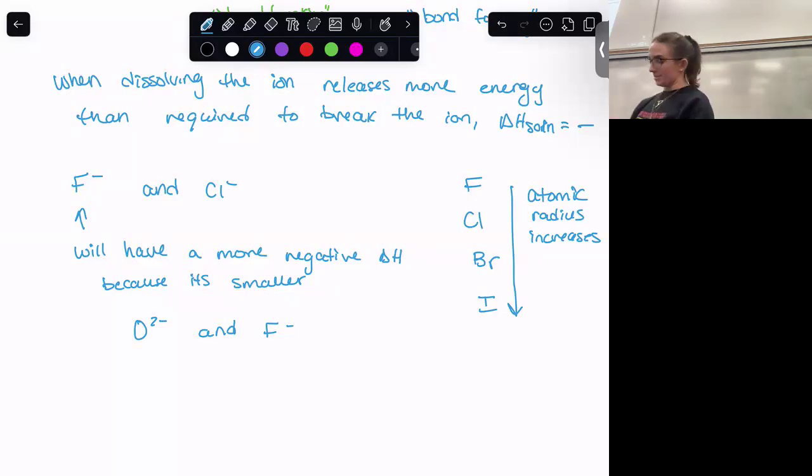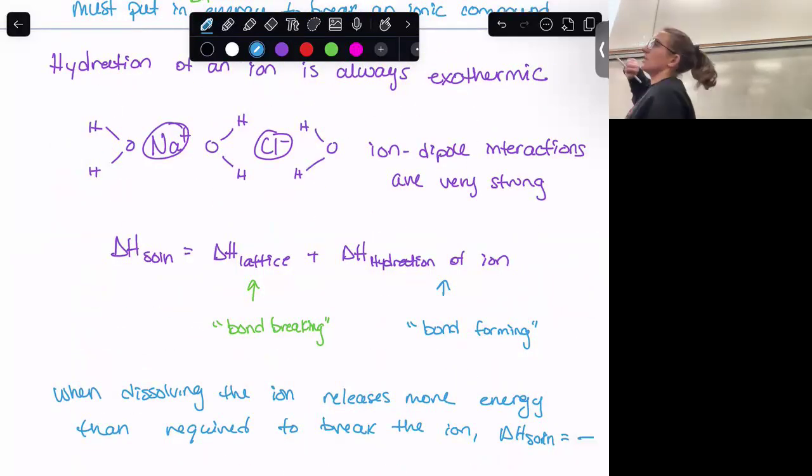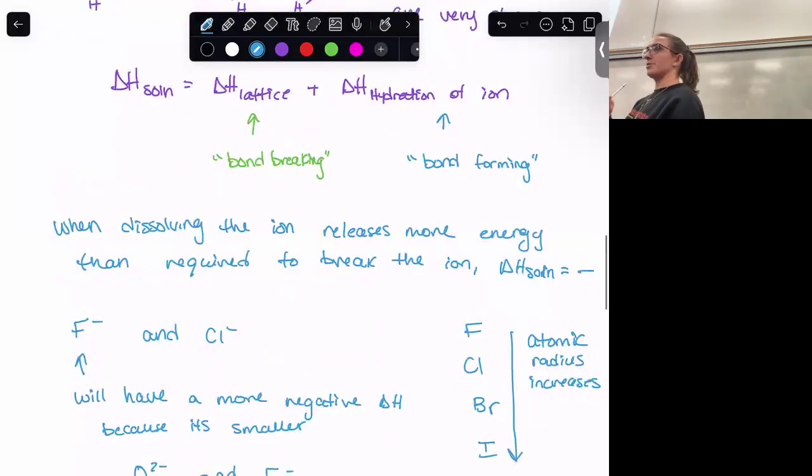So we're looking at the hydration of the ion here, and not necessarily the lattice. It's like in my brain, I'm applying the same rules of the greater charge and the smaller radius. Yep. Right. It applies to both, but what I'm asking for is applying to the hydration portion of it.